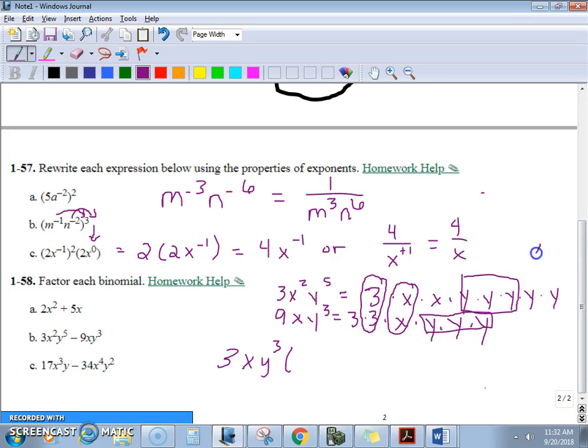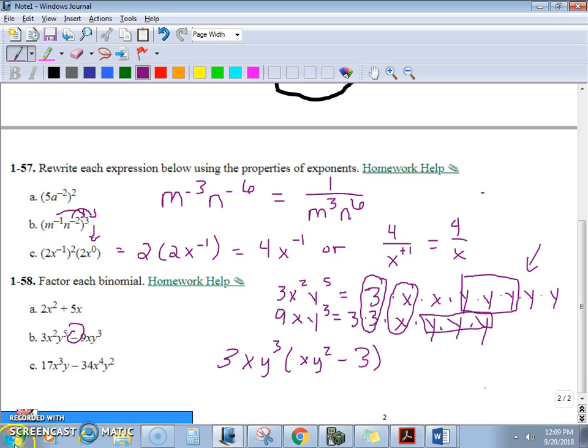So on this first term here, I have 1 x and 2 y's, so I have xy squared. Then subtracting, that comes from the original problem. And what's left over in the second one is just a 3. Okay? And you can check yourself. I'll let you do that by distributing it back through.